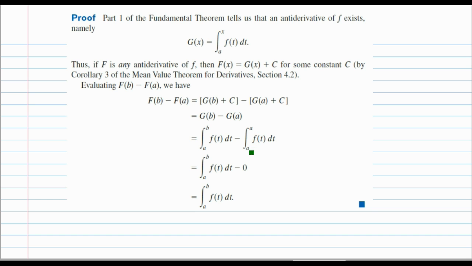The integral from a to a is 0. So now we just have the integral from a to b of f of t dt, which was the expression we were looking for. So, final answer, F of b minus F of a is the integral from a to b of f of t dt, just because we worked backwards from the expression using the antiderivative.